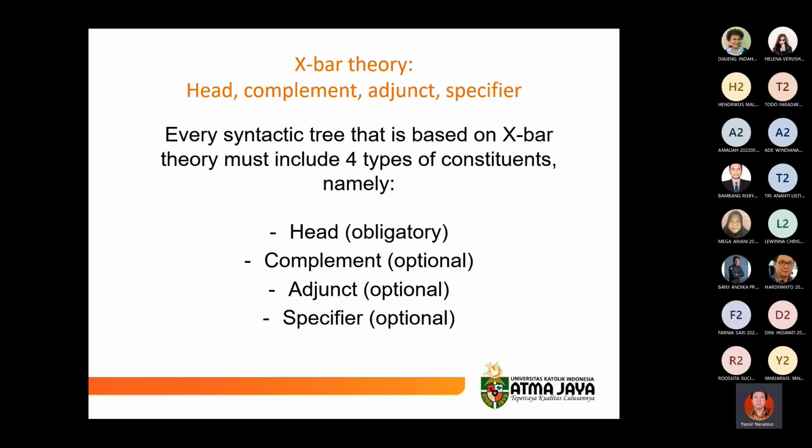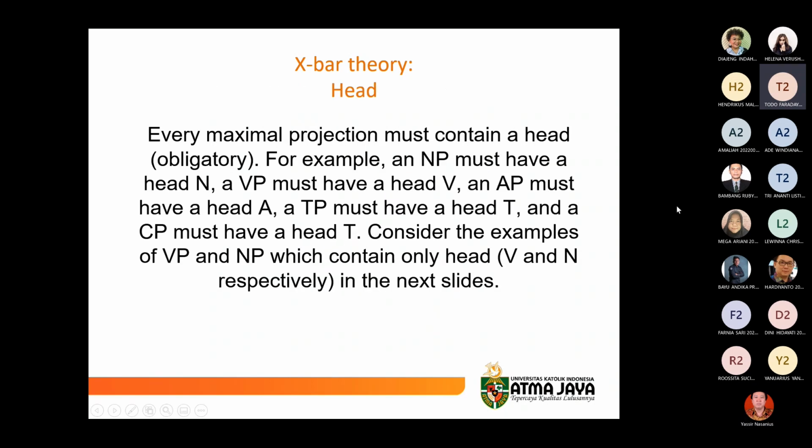Let me give you a few examples. So every maximal projection must contain a head because a head is obligatory. For example, an NP must have a head N, a VP must have a head V, an AP must have a head A, a TP must have a head T, and a CP must have a head C. Sorry, let me change this.